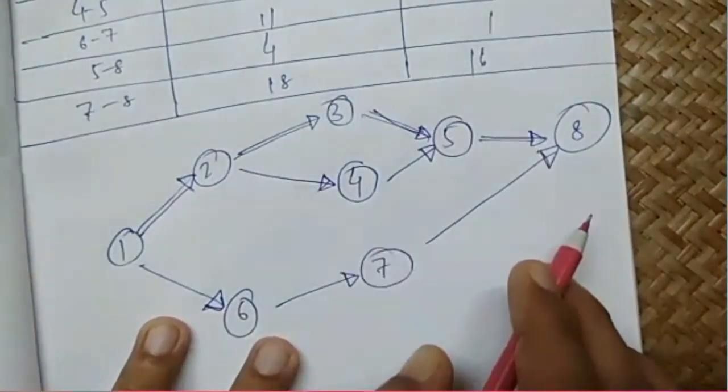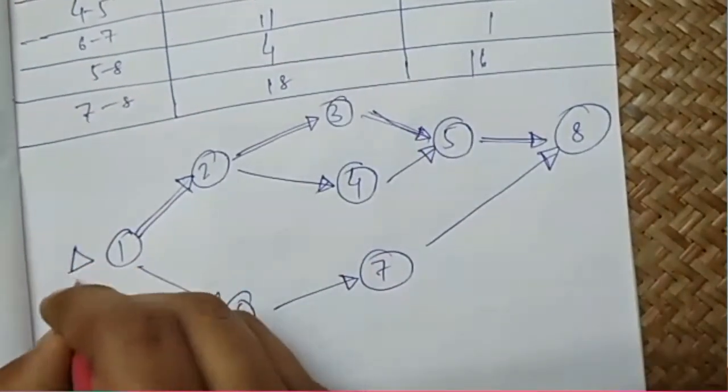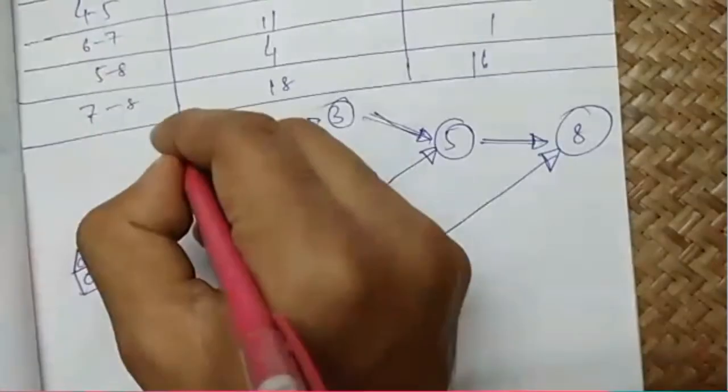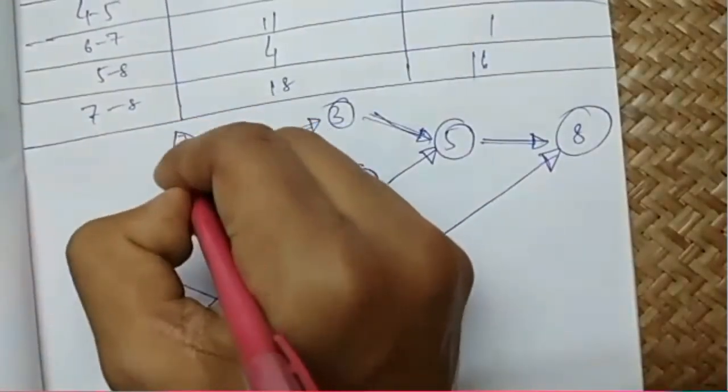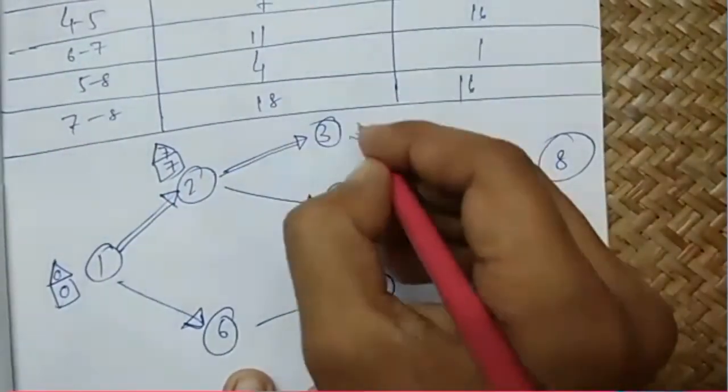So that will be the critical path, and the time analysis starts like this. On the critical path the times will be the same.